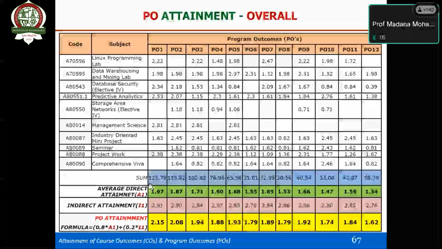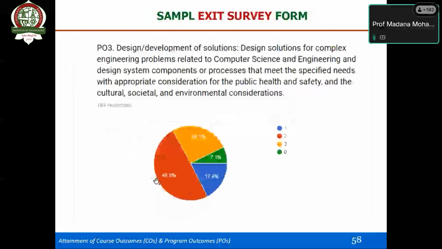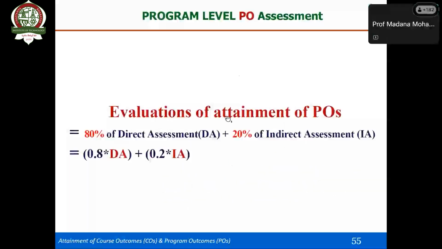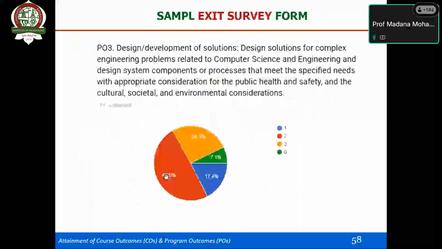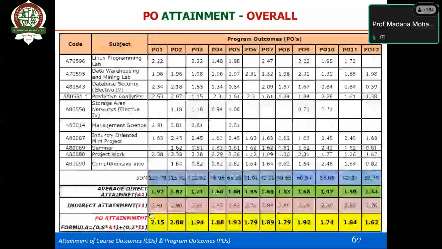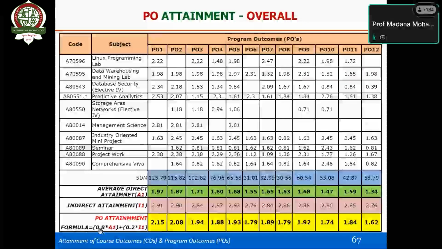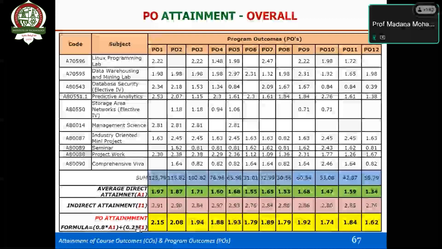What is the computation criteria we have considered? 80% direct, 20% indirect. For the program level PO, 80% of direct attainment plus 20% of indirect attainment: 0.8 into direct attainment value plus 0.2 into indirect attainment value. Using that formula, PO attainment is 0.8 into A1, where A1 means direct attainment value, plus 0.2 into I1, that is the indirect attainment value.